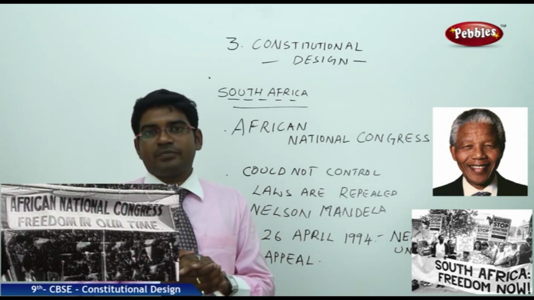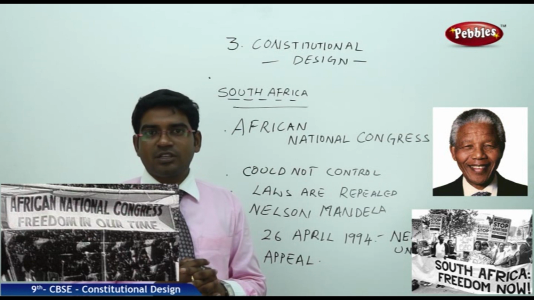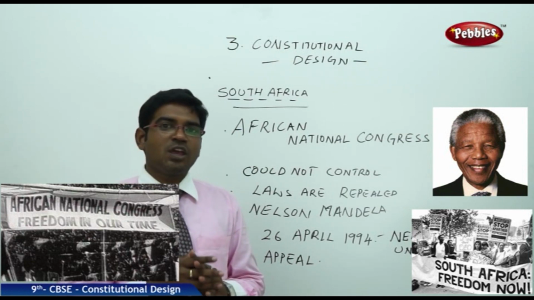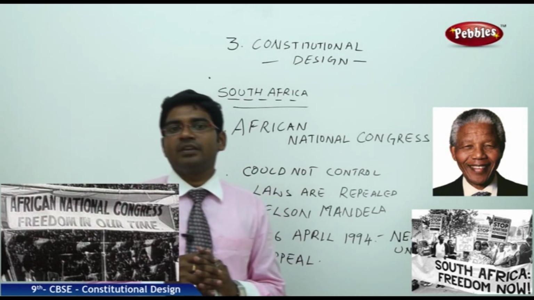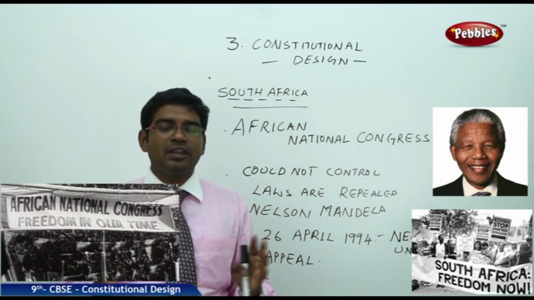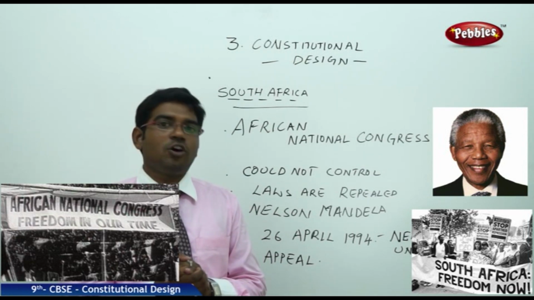So no longer could the British control the Africans with the policy of repression, with pressure, with fear. They were not able to control the people. Finally, there was no other way left for them. They agreed and repealed the laws.